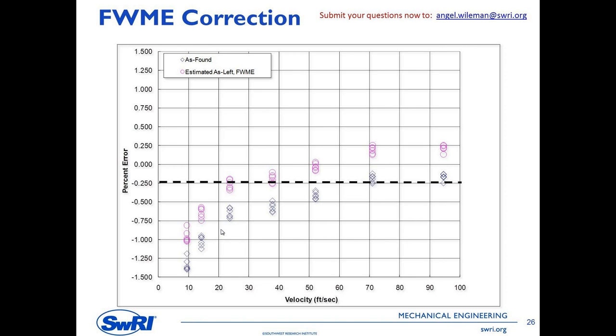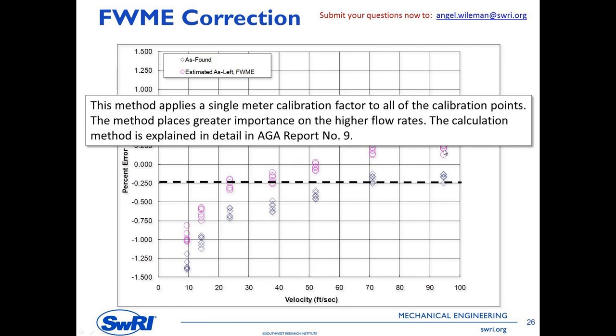I'm going to weight it more heavily towards the high flow rate points. That's what the flow weighting does. So you can see that at the higher values here, I'm still high, but I'm only off by about 1/4%, versus the low end points where I'm still off by maybe 1% or more.